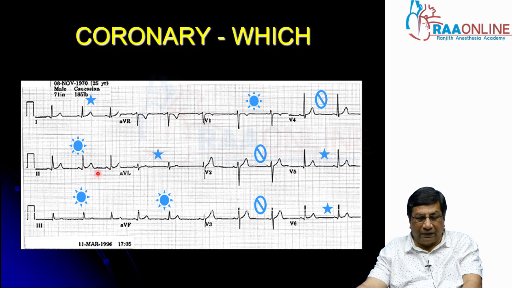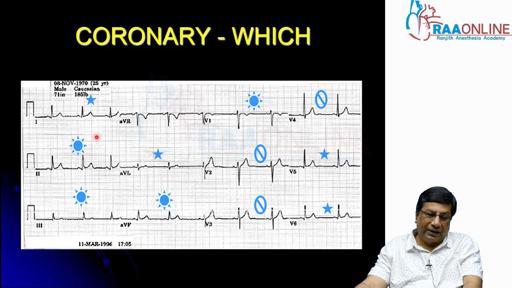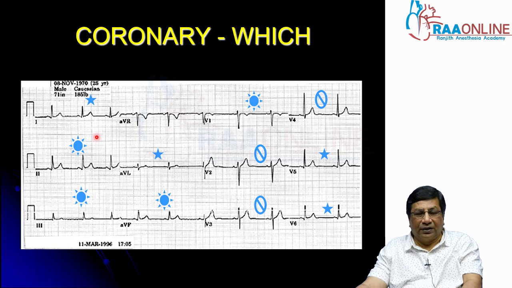So when you have a ST elevation MI, it means one of the arteries is totally occluded. It is acute occlusion, and third, it has a thrombus which is rich in fibrin. That's why it's a red thrombus. That's why in these situations, thrombolysis is indicated, but the best therapy will be a primary PCI.